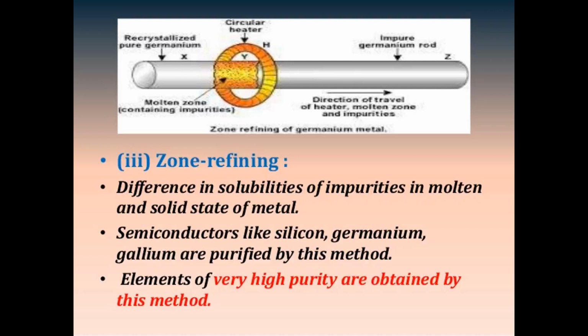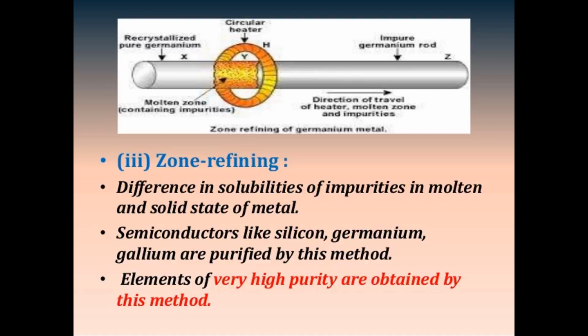When an impure metal is melted and allowed to solidify, what happens? The impurities will prefer to be in the molten region, which means that the impurities are more soluble in the melt than in the solid state.